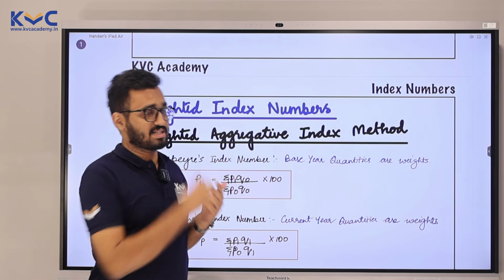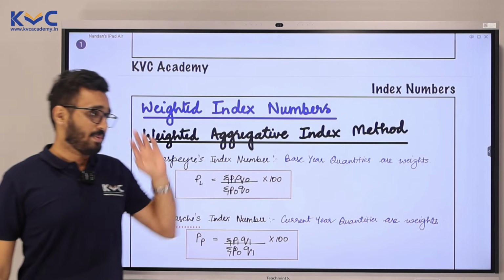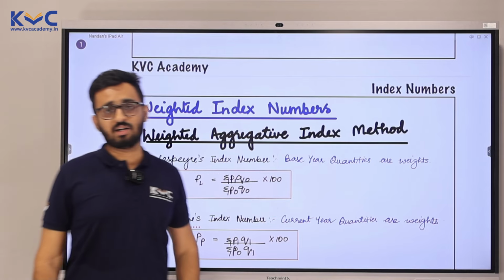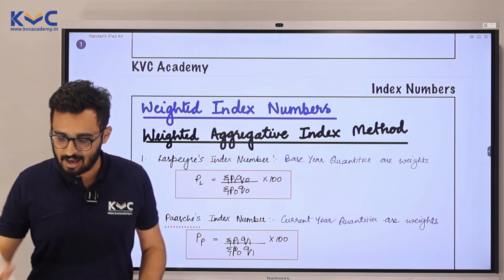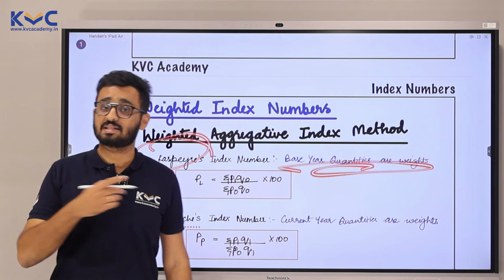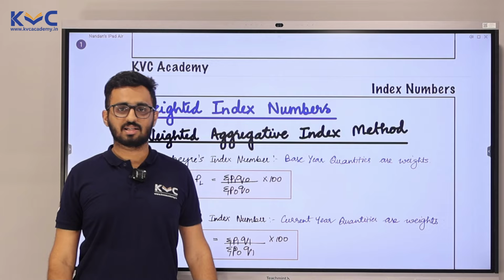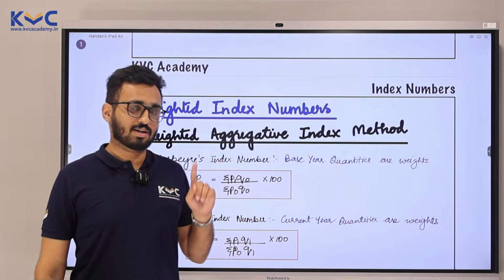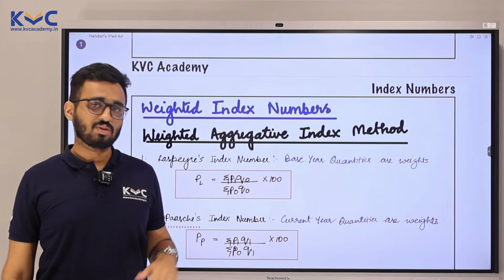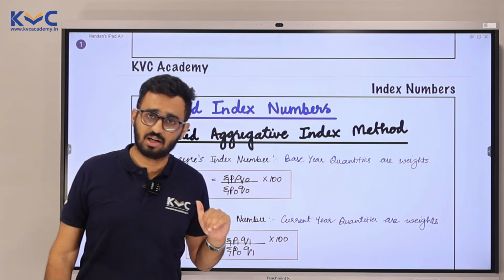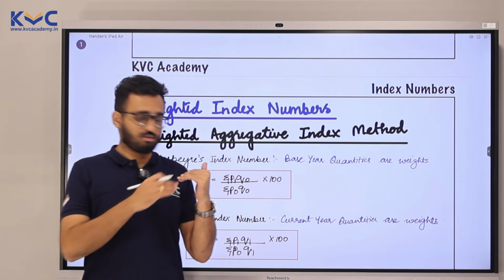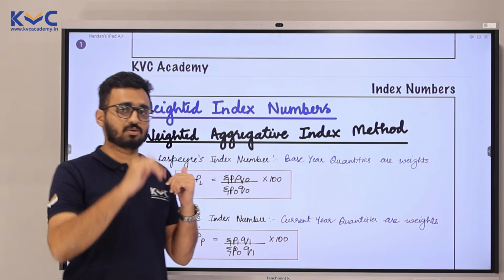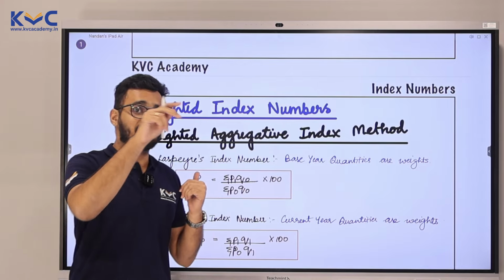Now when I say weights, there are again two weights available. Base year quantities, current year quantities. Which one to take? Laspeyre told we'll take base year quantities. His logic is that when we are observing movement of price, we need to keep the quantities constant. So assuming quantities of base year will continue to be used in the current year, what is the variation in the price?